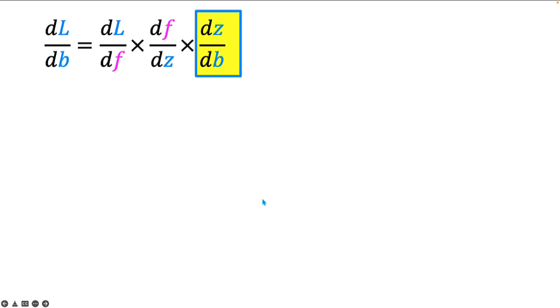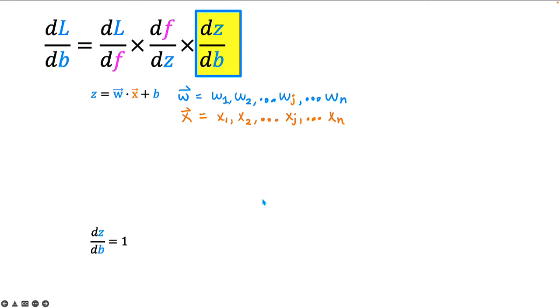So what's the derivative of z with respect to b? This is what we're looking for. It's going to be equal to 1. How do we get there? Well, z is w dot x plus b, where the w vector is just these scalars w1 through wn, and the x vector is just the features x1 through xn. So now we rewrite z like this, and now we're going to focus our attention on that last term right there, the variable b.